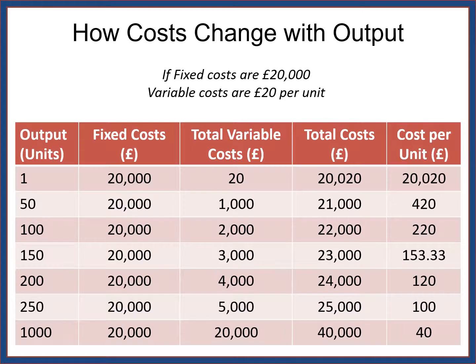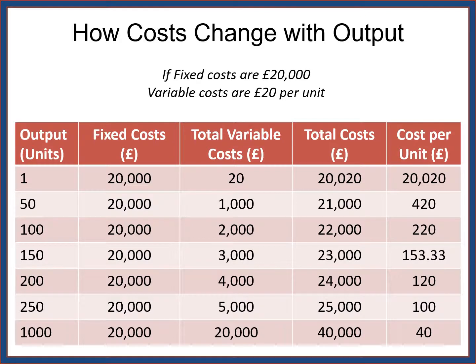They still need to be paid. They're not changing depending on output. Times £20 per unit, so 50 times 20 equals 1,000. So our total costs now are £21,000, which means that our cost per unit has dropped to £420. And of course, it keeps going down.